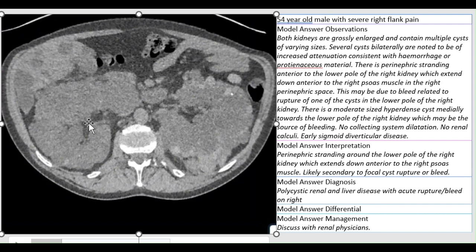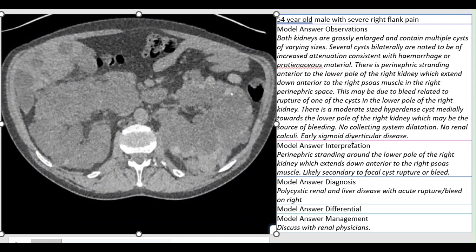This fat means that there is no fluid accumulation here in the pelvis, and there is no dilatation of the calyceal system, so no collecting system dilatation. No renal calculi.